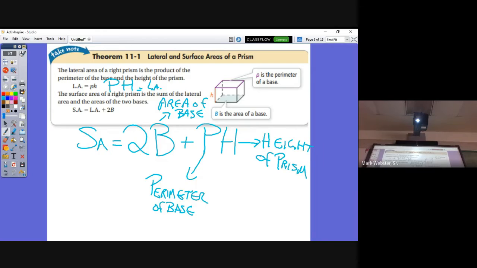All right? And what we're going to do is basically take these 3 things that are in this formula and calculate them one at a time. And then we'll just take the answers and throw them into the surface area formula, and then we'll be good.